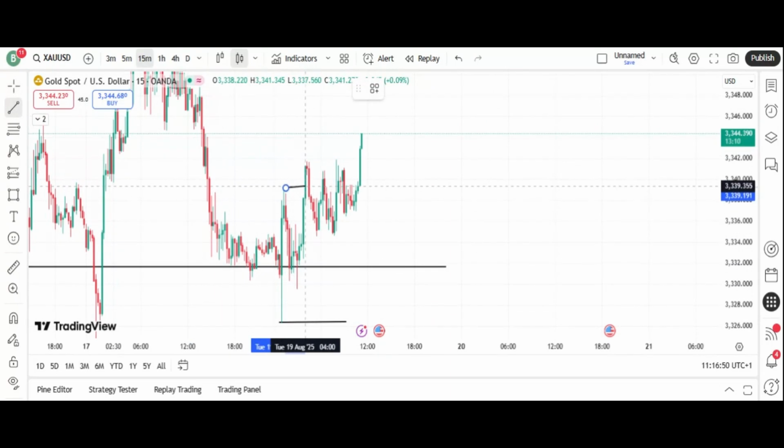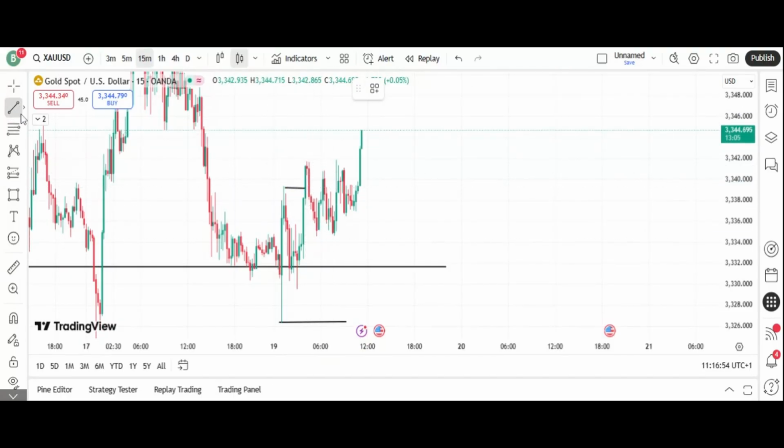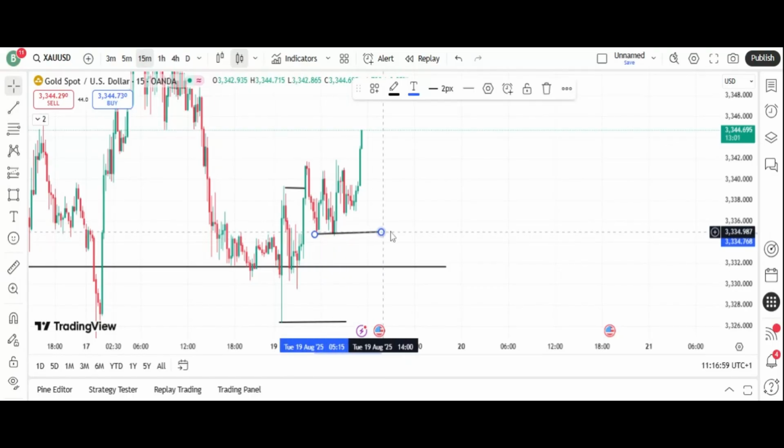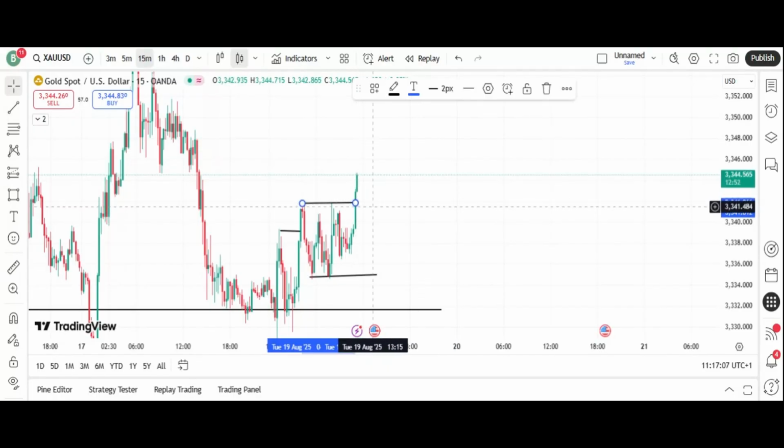This high got broken. Then another low, higher low. Now we come here again, and this other high got broken. You see? So I found my bullish structure.